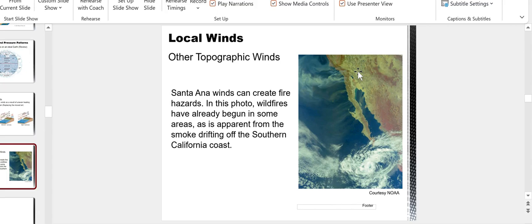Well, we do have this pattern, which is increasing, where we have weather that actually comes from the northeast and moves out toward the ocean. It's an opposite movement of weather, and we call this the Santa Ana winds.